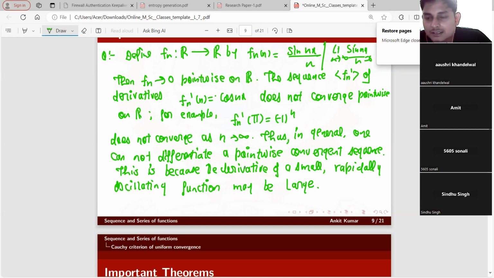Fourth, if a sequence converges pointwise, then it is not necessarily true that the sequence of derivatives converges pointwise. There are four results, and we proved them from counter examples.